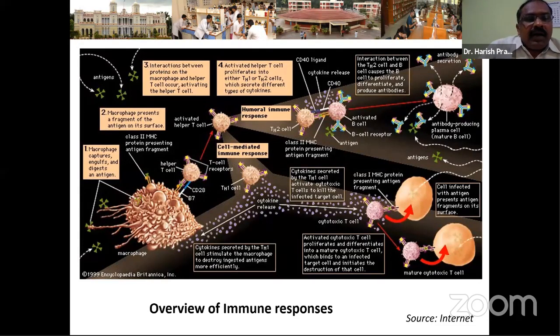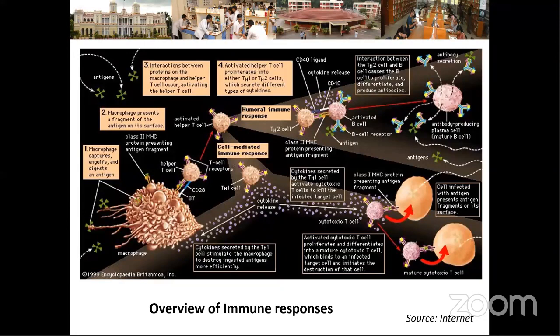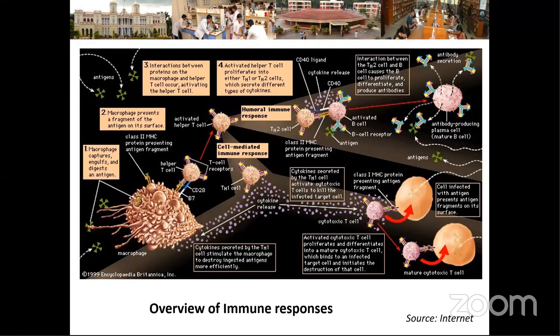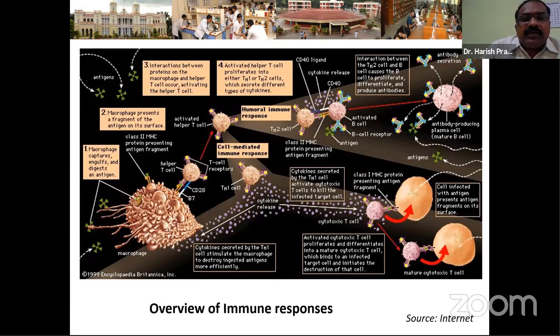So whenever a macrophage is in contact with the antigen or the ligand, it engulfs and digests it, and part of the antigen fragment is presented on the surface by these macrophage cells, which will be recognized by the T cell, and this T cell gets activated. The activated T cell makes its way towards a cell-mediated immune response as well as a humoral immune response.